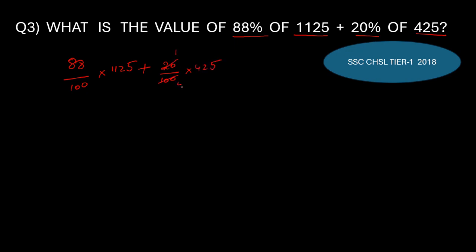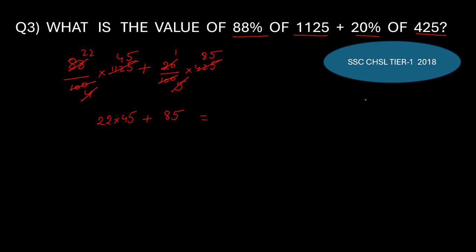Cancelling: 5 ones are 5, 5 eights are 40, 5 17s are 85, 25 fours, 4 ones, 4 twos are 22. So 22 into 45 plus 85.